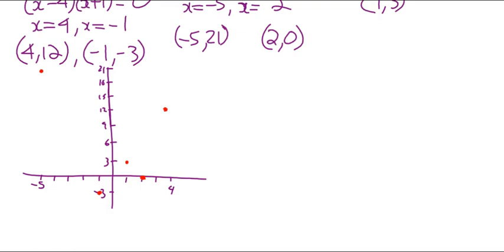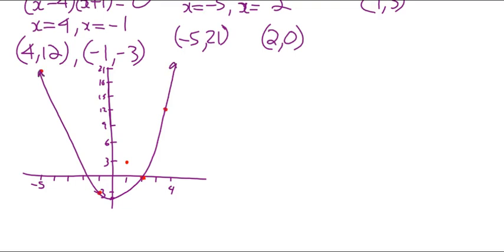Okay, so the x squared minus 4 goes through this point here and this point here. It's going to bottom out here and look like that, and then it goes through 2, 0 as well as 4, 12.